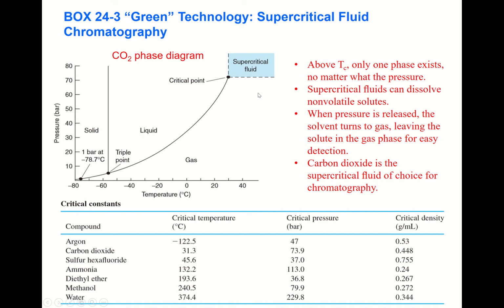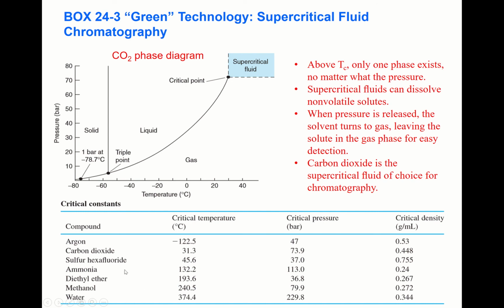Let's look at this figure. There is a list of compounds: argon, carbon dioxide, sulfur hexafluoride, ammonia, diethyl ether, methanol, and water. Making a supercritical fluid depends on the critical temperature.